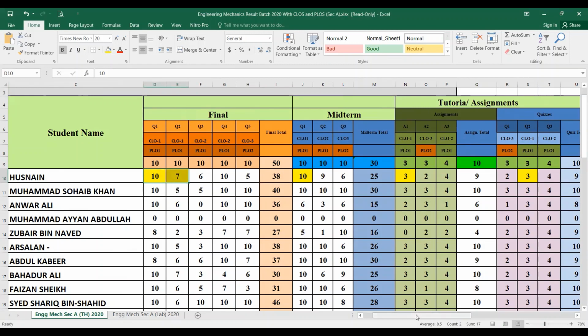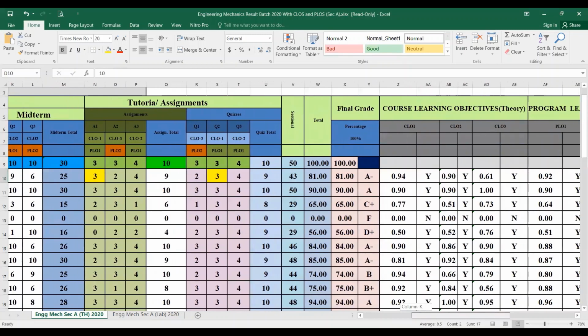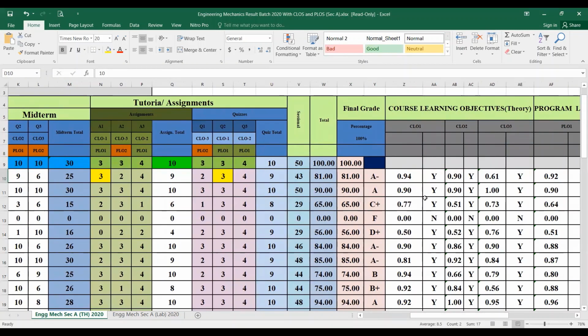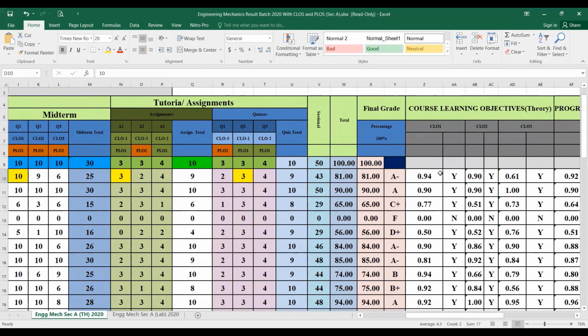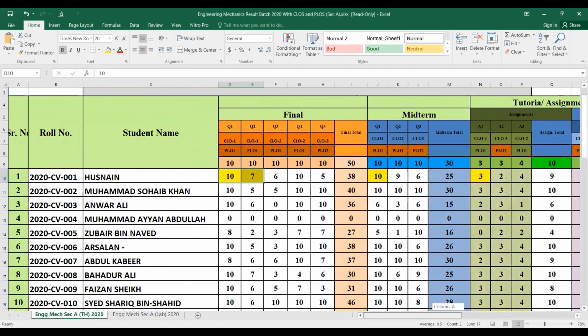So what will happen? Obviously, his or her CLO attainment will be 0, or if it is a very small number, it will be less than 0.5. So in that way, he or she has to revise CLO1. It means he or she is lacking in CLO1.